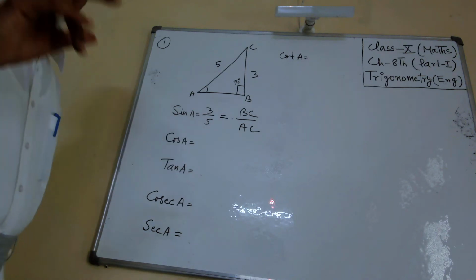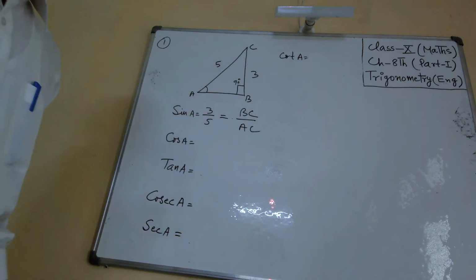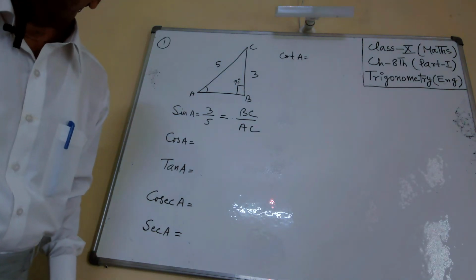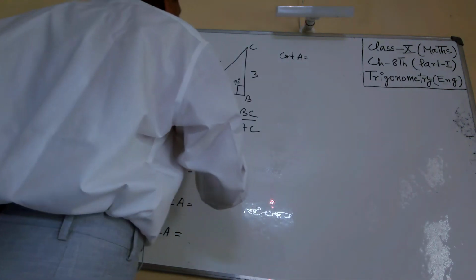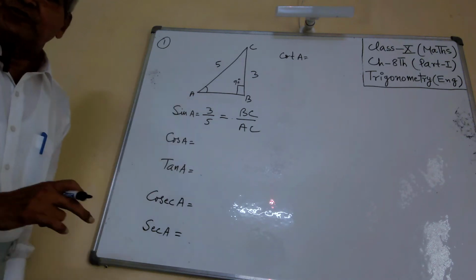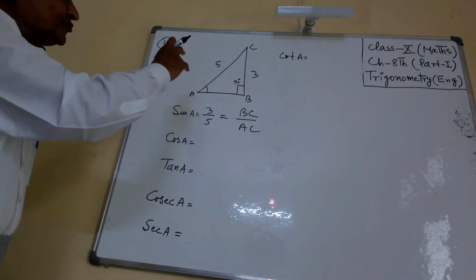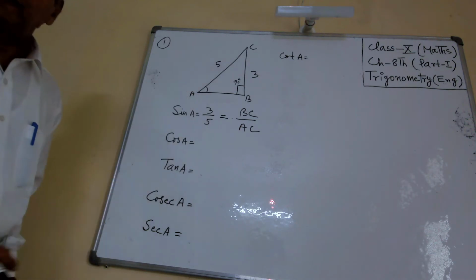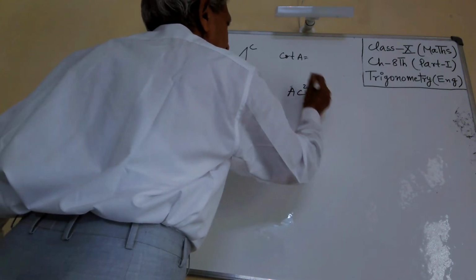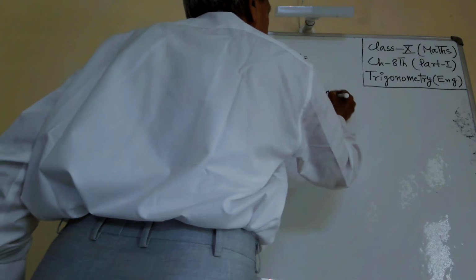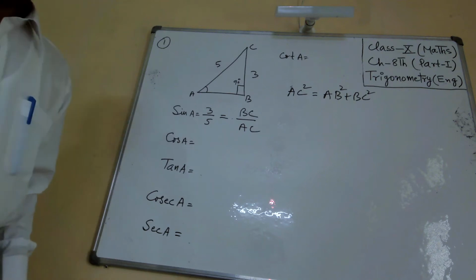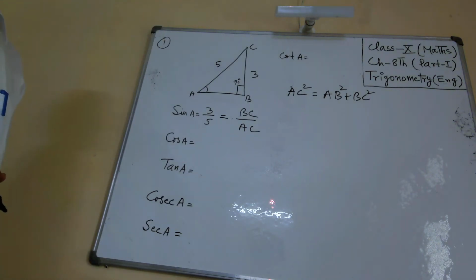Here, one thing I want to tell you, you have to use the Pythagoras theorem again and again in trigonometry. And Pythagoras theorem, in short, is AC square is equal to AB square plus BC square. It means hypotenuse square is equal to base square plus perpendicular square. Write down this relation. AC square is equal to AB square plus BC square. This is the Pythagoras theorem result.